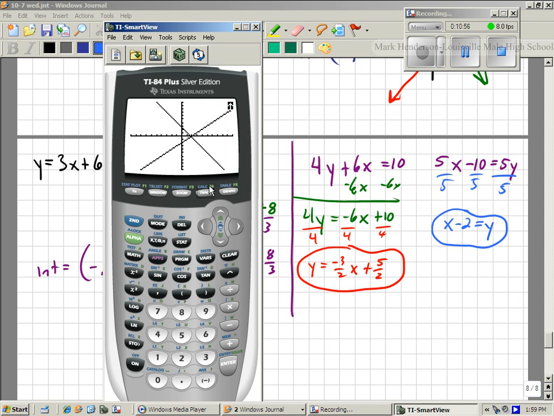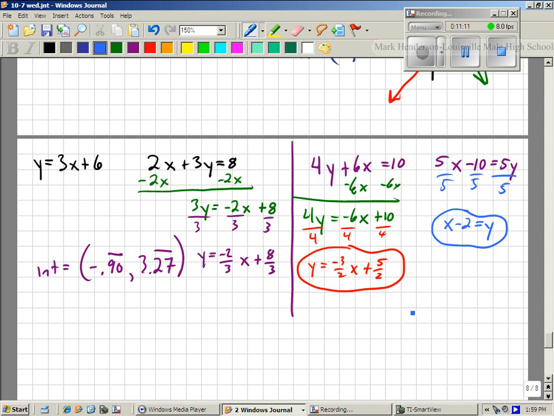You hit second, trace, find and number 5, which is the intersection. Ask you for the first line. Ask you for the second line. Ask you to guess. And the intersection is at 1.8 and negative 0.2, not negative 2.